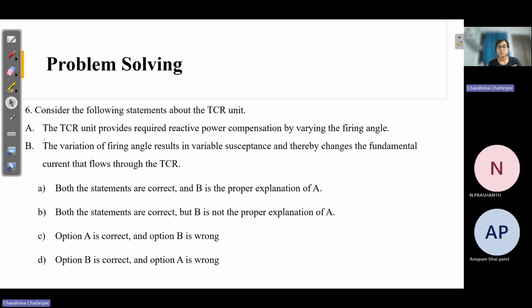So, what do you think? Which option will be the correct one? Hello, are you there?